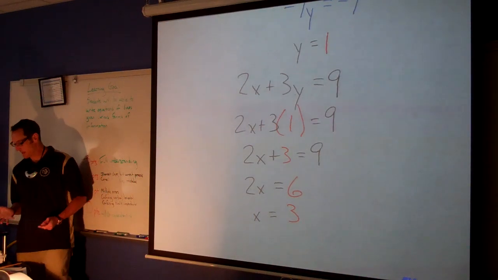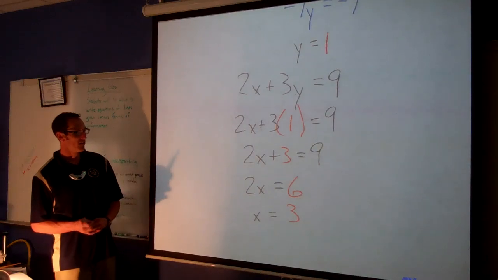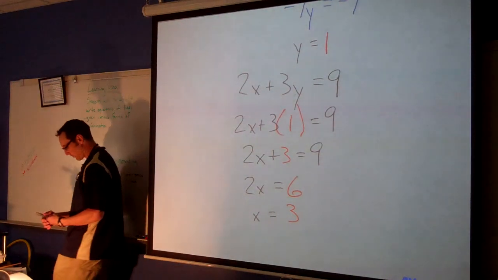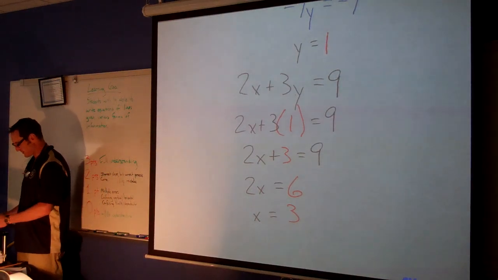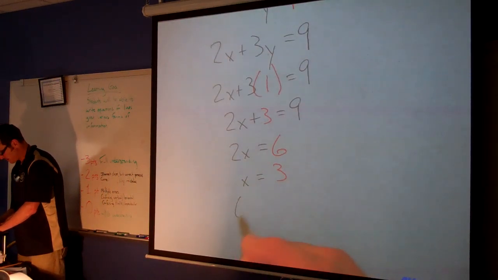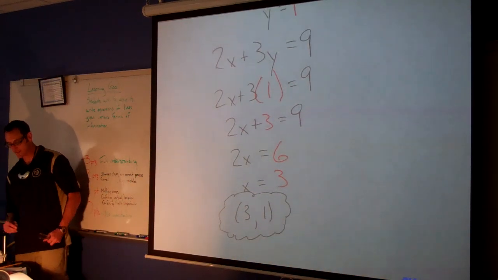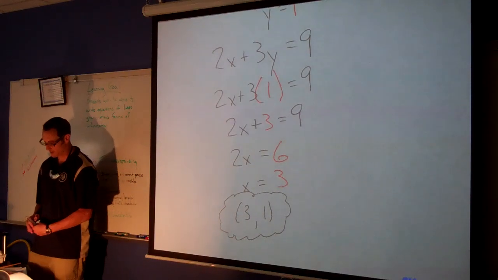So I have isolated my x. I have previously found the value of y, and now I have my x coordinate and my y coordinate. I list the answer as an ordered pair, because I understand that the solution to a system of equations is a point on the graph where the two lines cross.